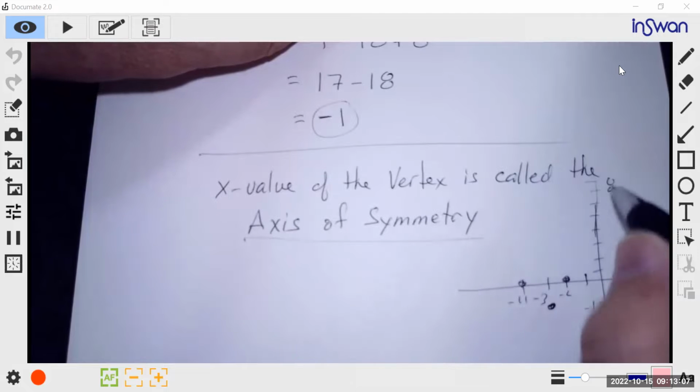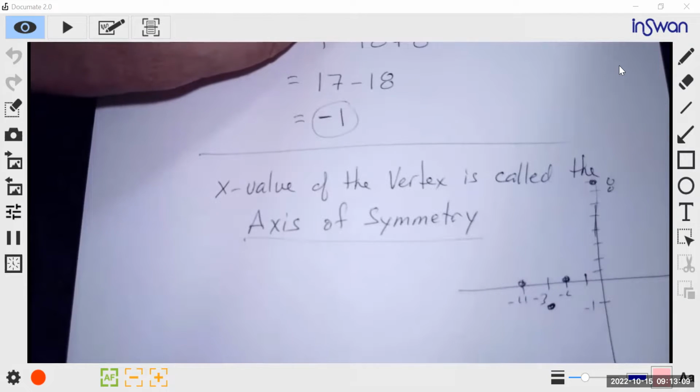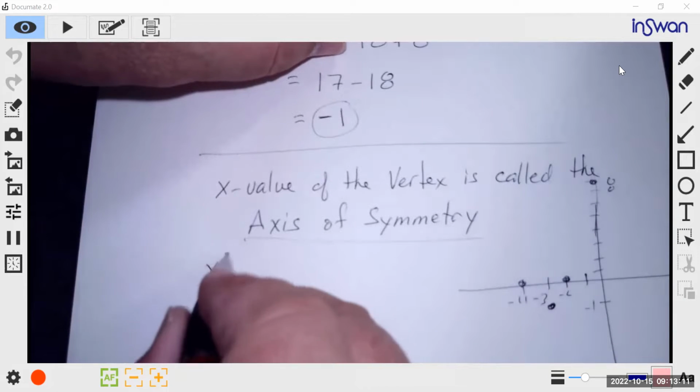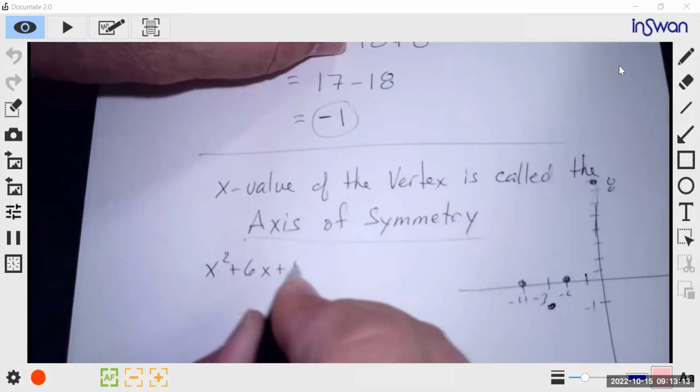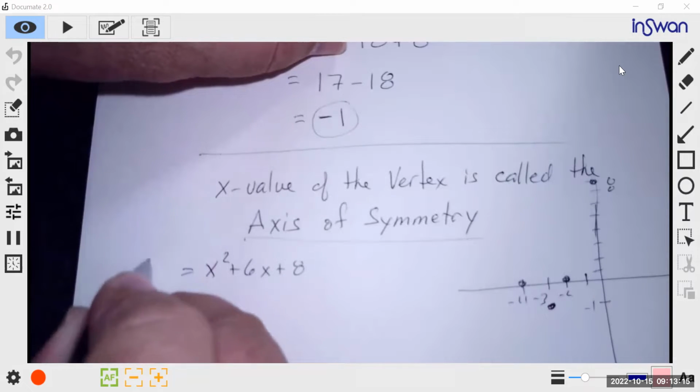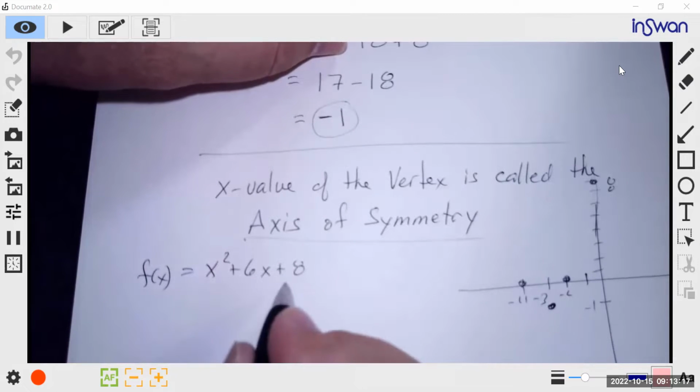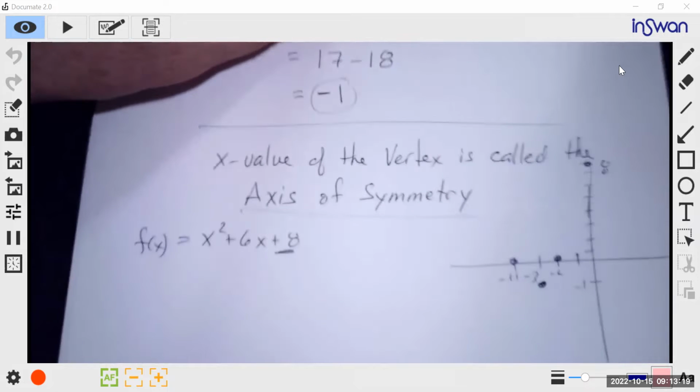And 8 on the y-axis is the y-intercept, because remember, our equation was, this is our function. So there's our y-intercept.